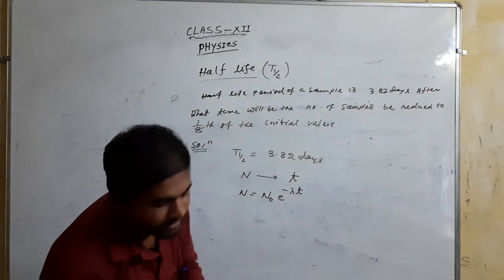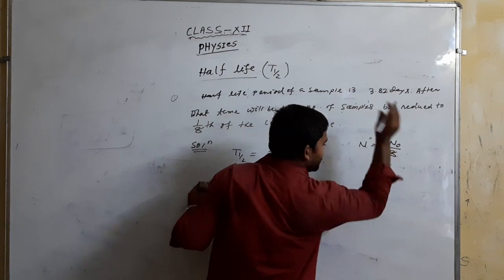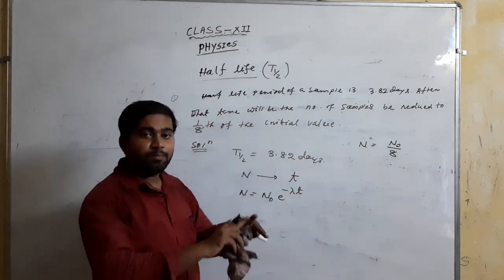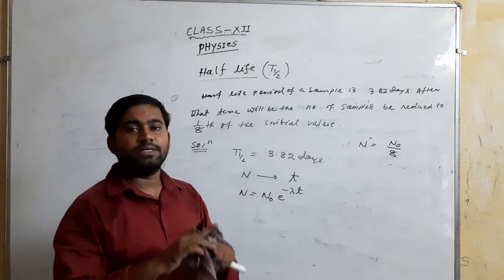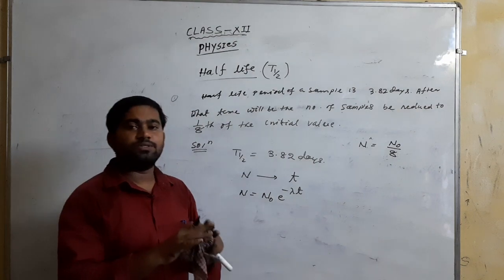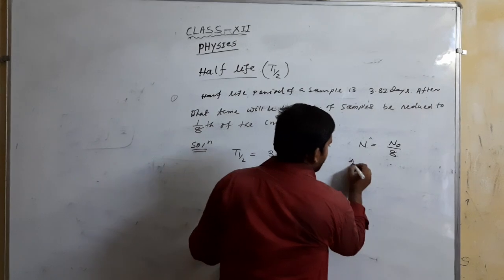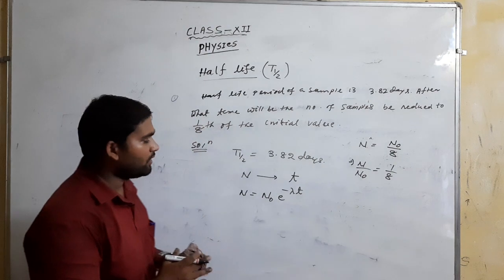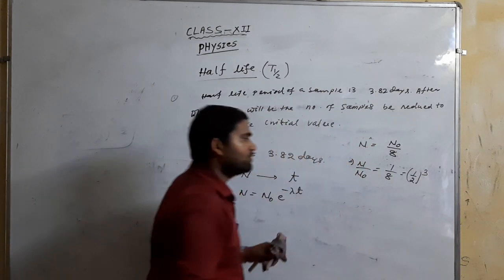Another piece of data is given: the sample reduces to 1/8 of the initial value. That means N equals N naught by 8. So N by N naught equals 1/8, that is 1/2 to the power 3.